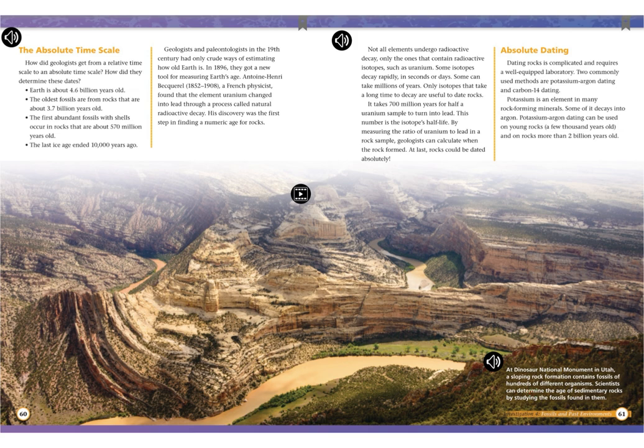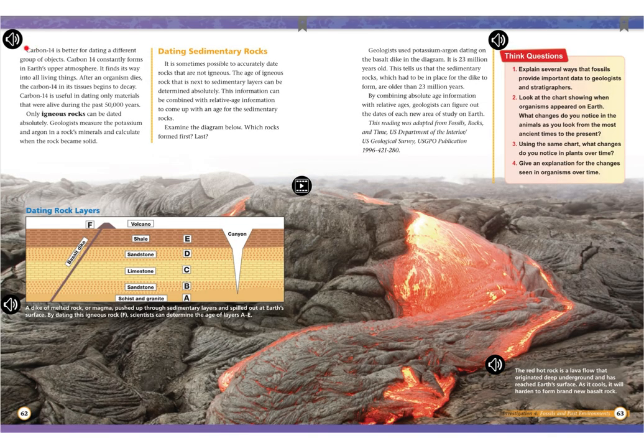At Dinosaur National Monument in Utah, a sloping rock formation contains fossils of hundreds of different organisms. Scientists can determine the age of sedimentary rocks by studying the fossils found in them. Carbon-14 is better for dating a different group of objects.